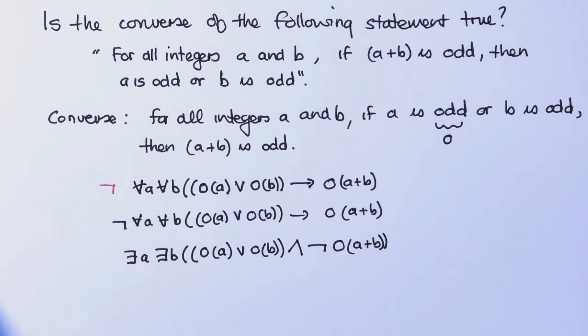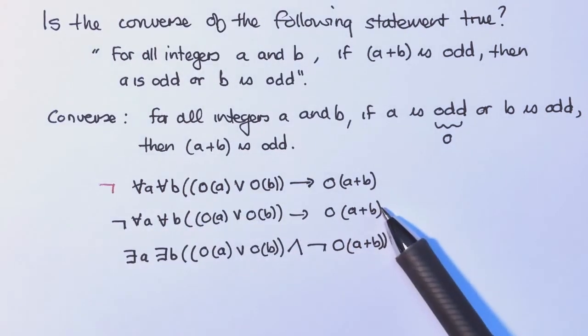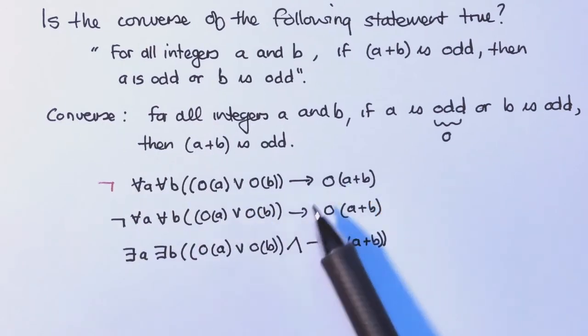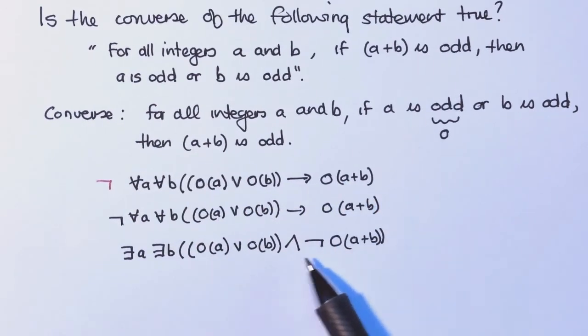We've worked with a double negation. We've worked with a negation of an implication and how we negate this implication to become a conjunction. So the negation of an implication was a conjunction, which is over there.